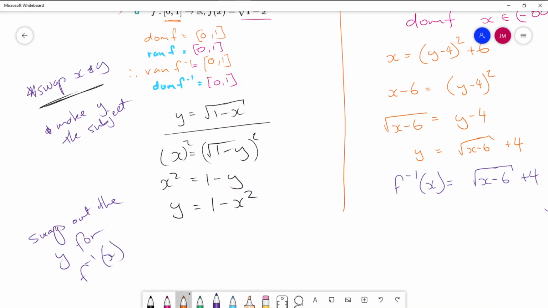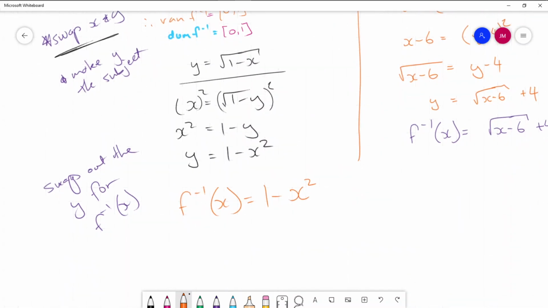So we end up getting the answer is f to the negative 1 of x is equal to 1 minus x squared, and the domain, I should write f of x such that it's from 0 to 1. I was writing that out in full proper term, or you can just put it out here. x belongs to 0 to 1.